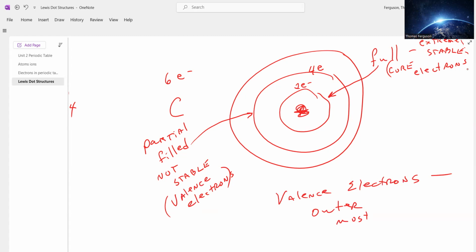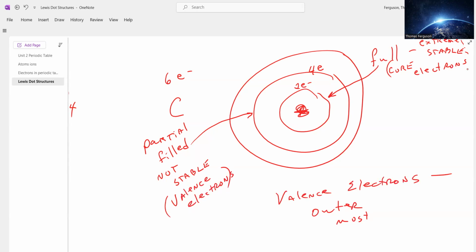Now, one way to figure out valence electrons, if you look on the periodic table, carbon is there. If they're excited, okay? And let me explain what I mean by that. Now, what charge does the nucleus have?